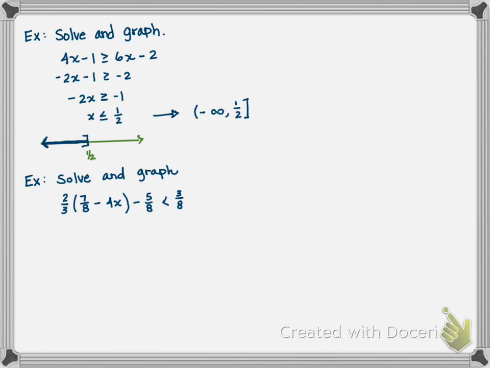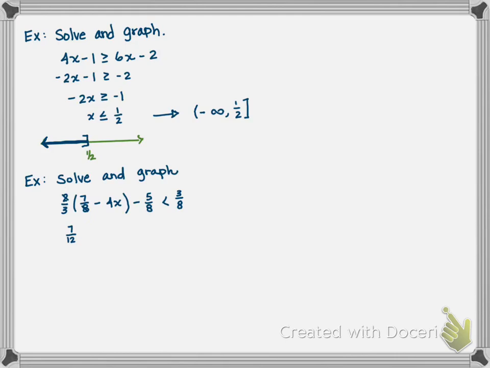So let's see, 2/3 times 7/8 is, that 2 cancels, so we get 7/12. Right, because of that. And so then you have 1 times 7 on top and 3 times 4 on the bottom.